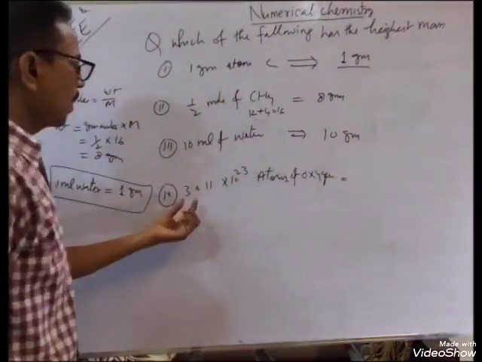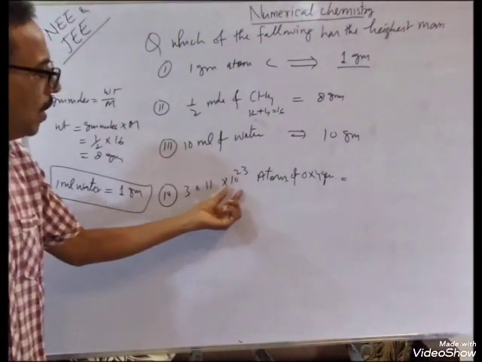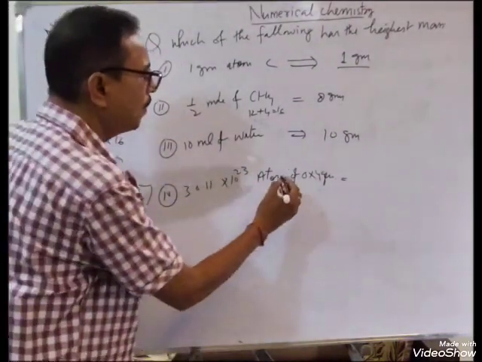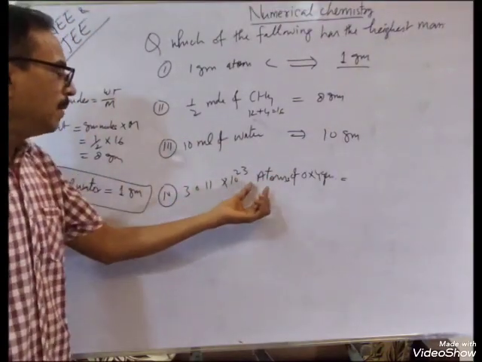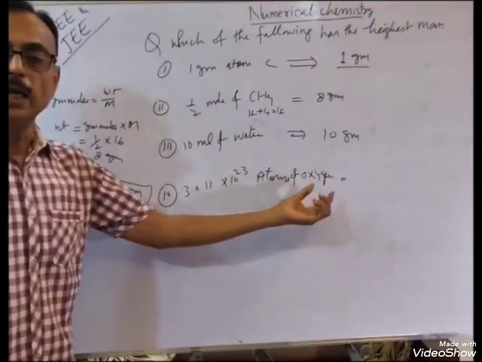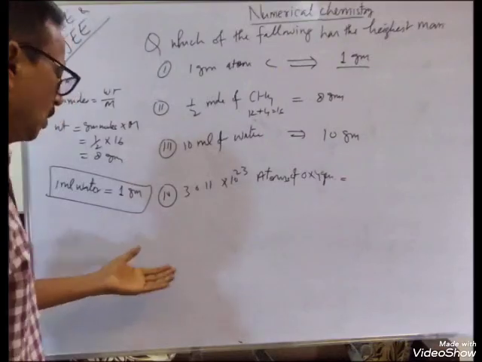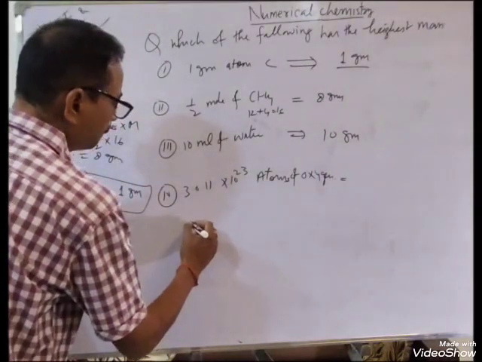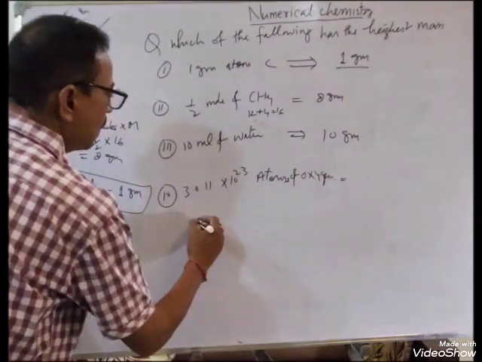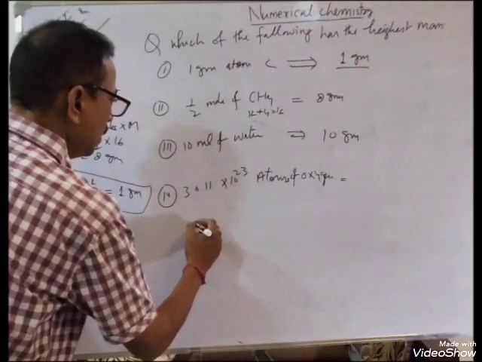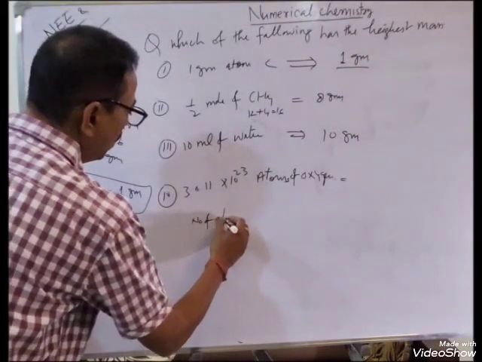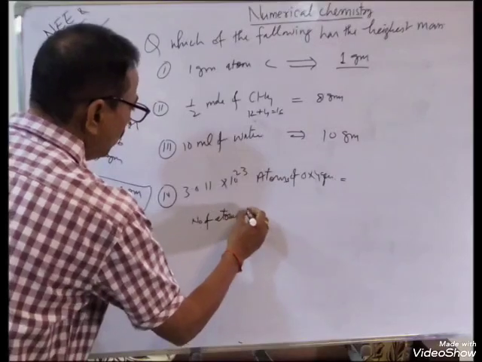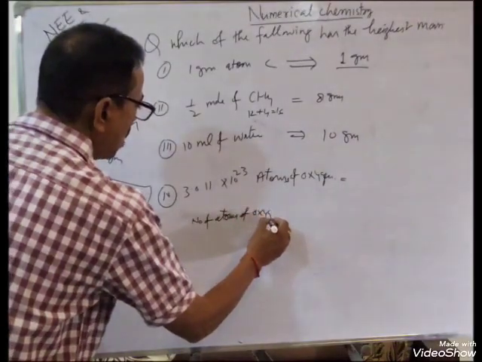Next, 3.01 into 10 power 23 atoms of oxygen. Oxygen atoms are given. We will divide by the N. You will get gram atoms. Reverse. So here, let us see. It is given the number of atoms of oxygen.